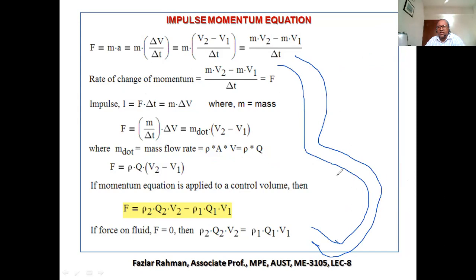If you apply between these 2 points, what happened? Fluid is coming along this line, then changing the direction, right? So due to the change in direction, the fluid will put some force on the pipe. That you need to know. Otherwise, you cannot make the support of the pipe.